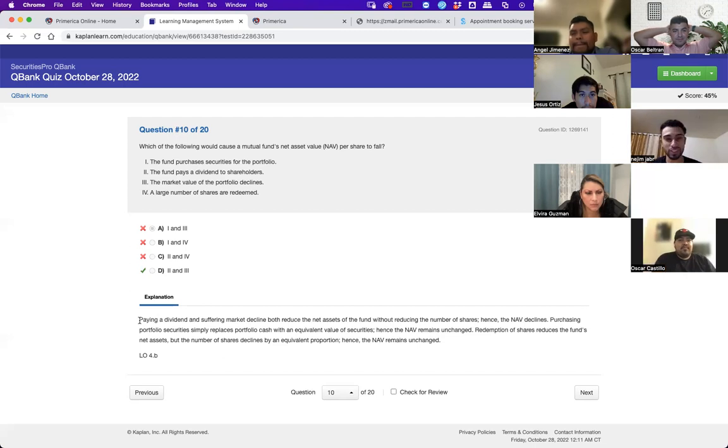Wait, I'm confused. Read the description. Paying a dividend and suffering market declines both reduce the net asset value. Oh, it does make it fall by paying dividends? Yeah. But if I'm paying a dividend, isn't that attracting more investors? So shouldn't it make the net asset value go up? No, think about it like this.